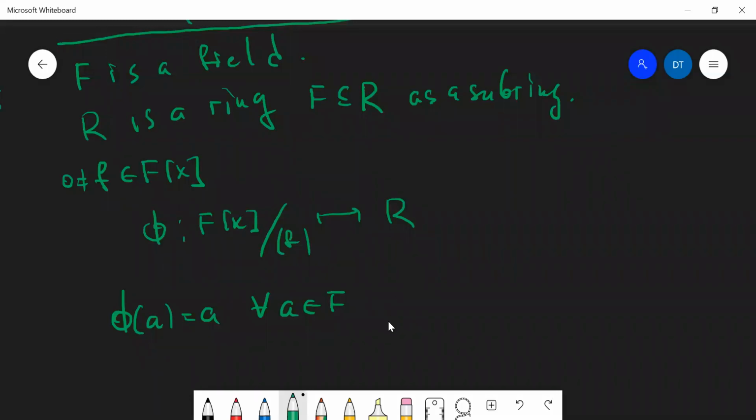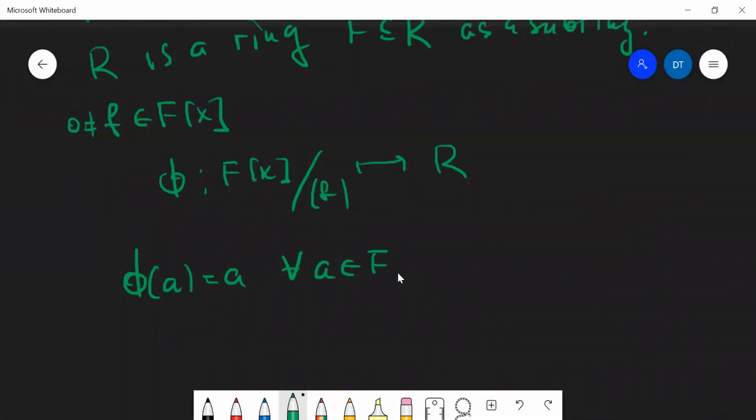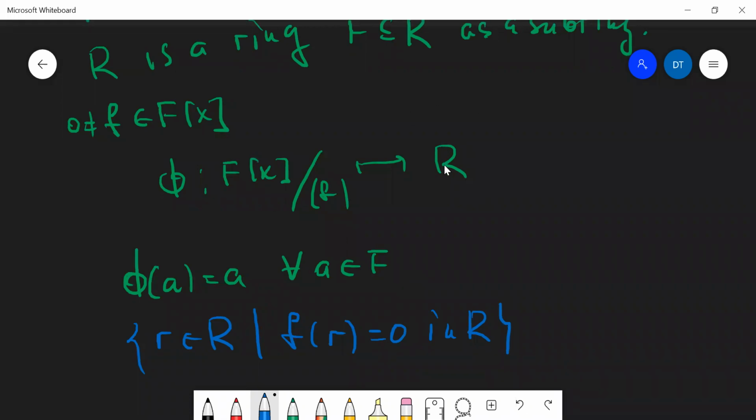Okay, now what is the answer? The answer is the following. You should take all possible elements r in R such that they are roots of the polynomial f. This means the roots in R. So I solve this equation in this ring, and I find all possible roots.